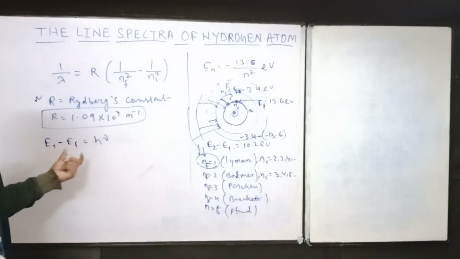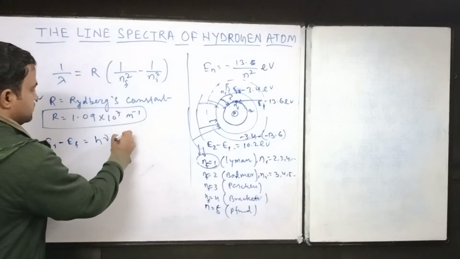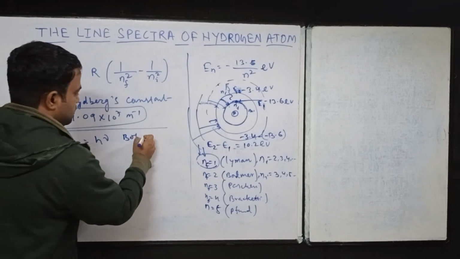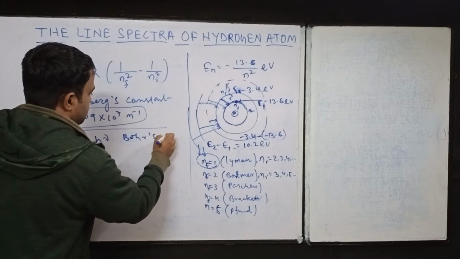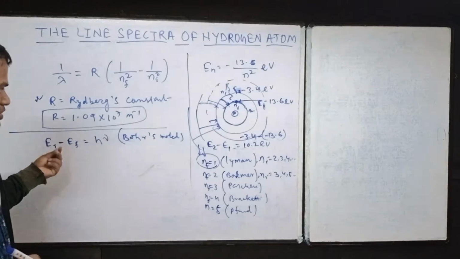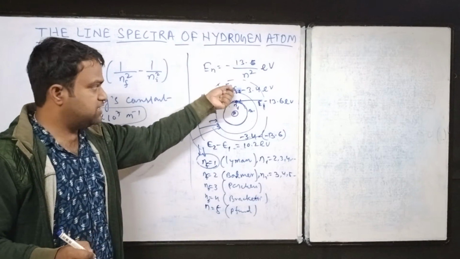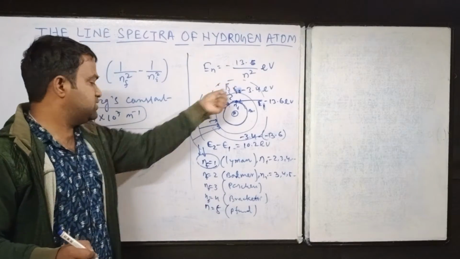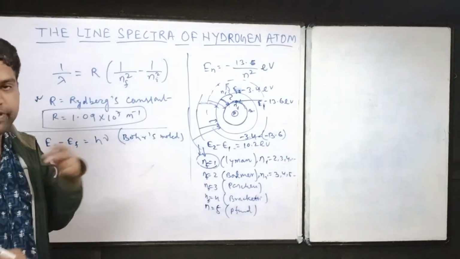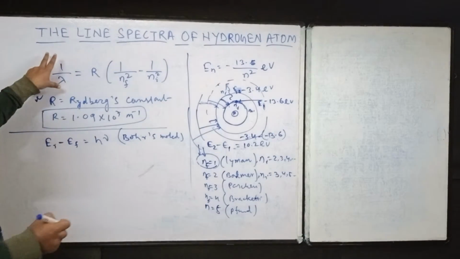From Bohr's model, we know that when the electron is jumping from third to second shell, E3 minus E2 is h nu. h is Planck's constant, nu is the frequency associated with it, right? So you can write this in terms of frequency also.